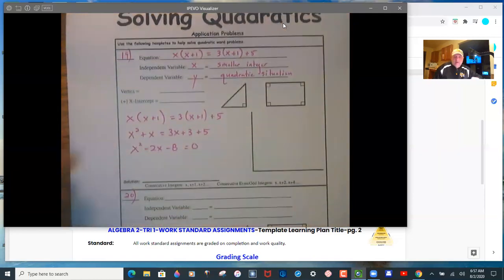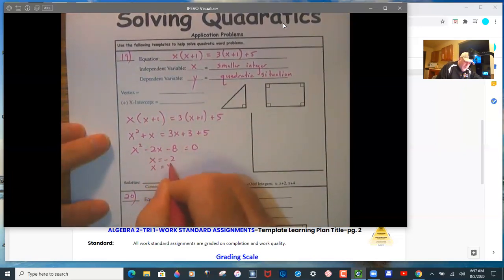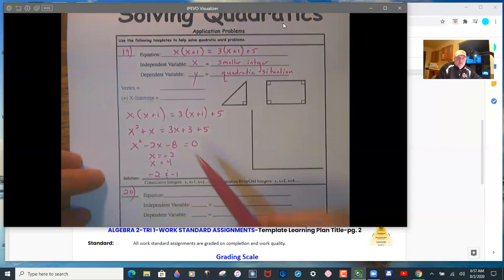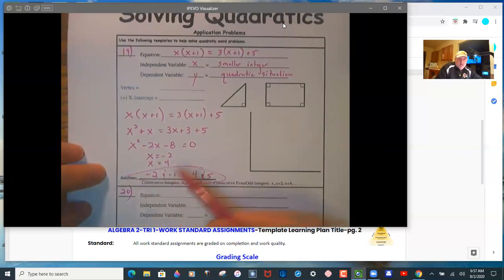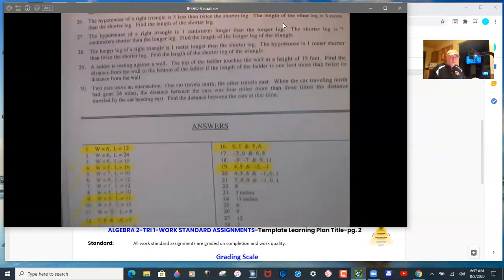So there's the quadratic. And this is going to give 4 and -2. So we have 2 answers. So -2 and -1, because you add 1, and then 4 and 5. So you just take each of those, you come back up, you add one, and the answers are here that I've highlighted.